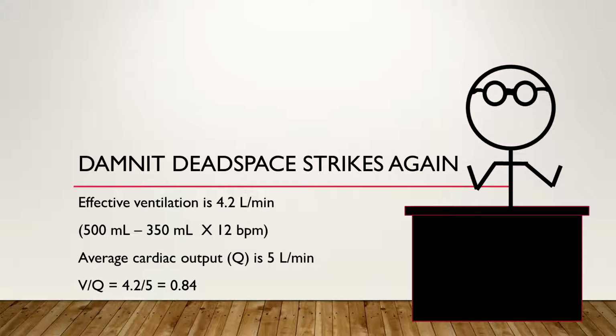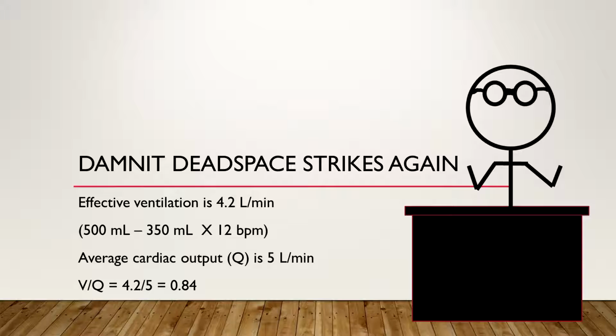In reality, things are a little bit different, however. The average minute ventilation is 6 liters per minute, which translates into 4.2 liters per minute of effective ventilation that's in the alveoli and available for gas exchange.